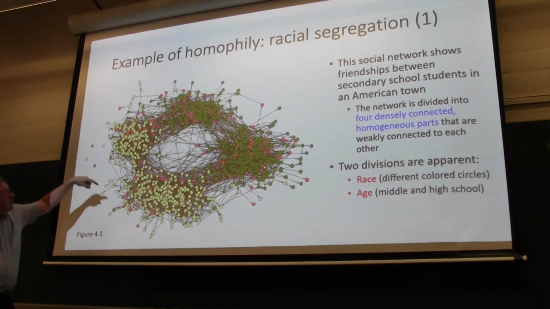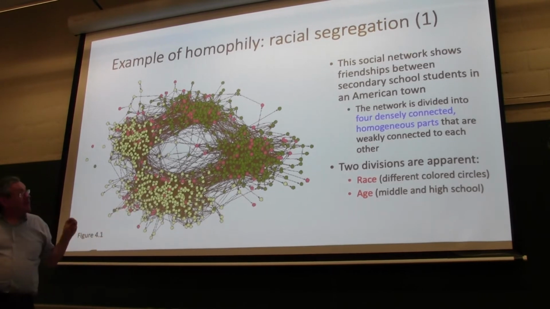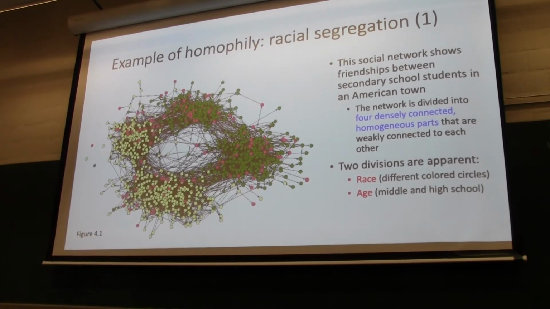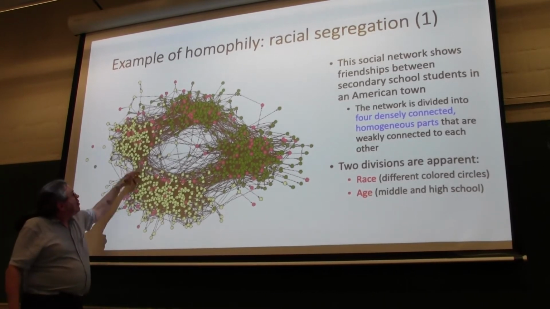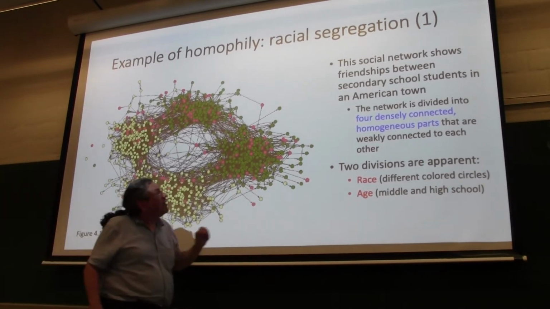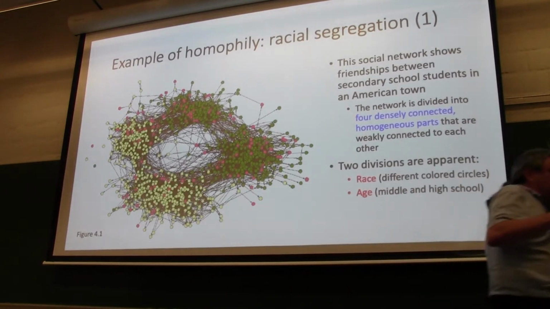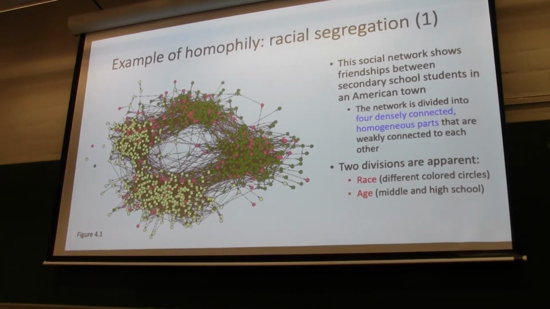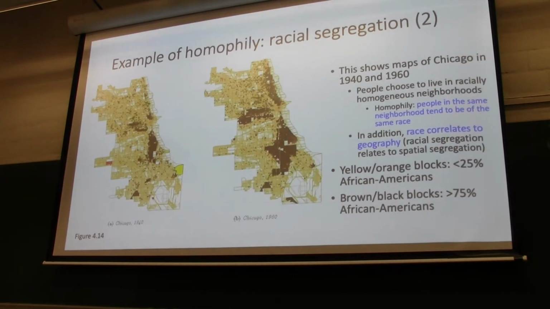So you can see that friends tend to be of the same race and the same age, but not always. It's kind of a trend. You can see how similarity affects things. It's not black and white, to use a phrase. It's very gradual.